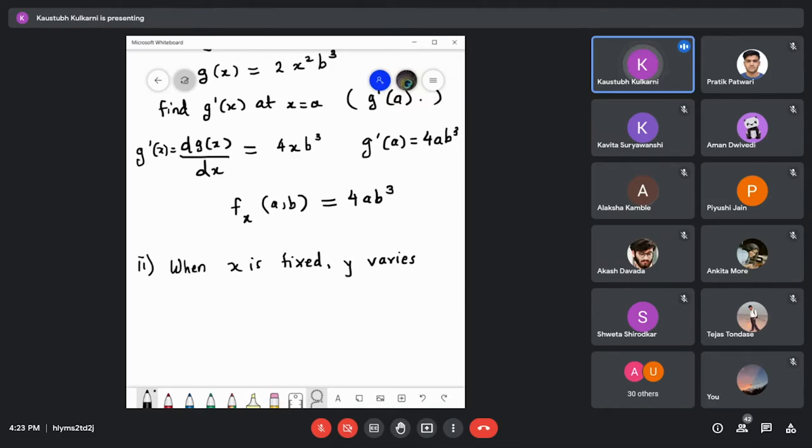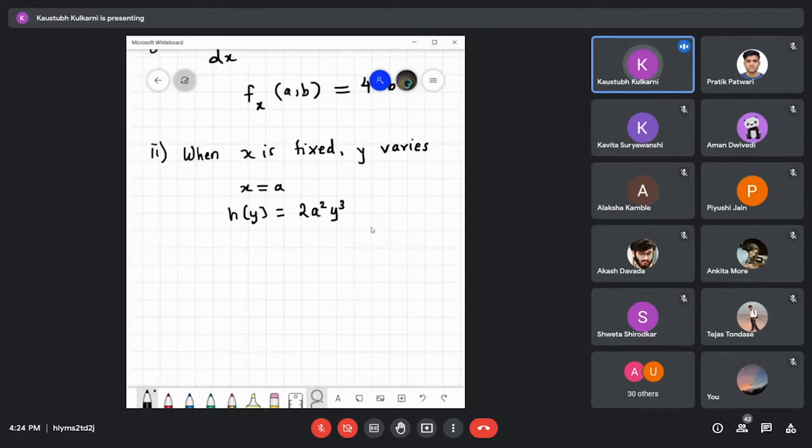Because x is fixed and we are at the point ab, x is equal to a. So our function now becomes a function of y, which is 2a square y cube.